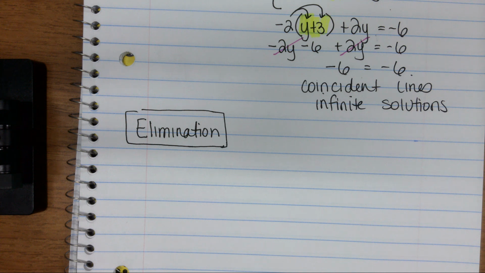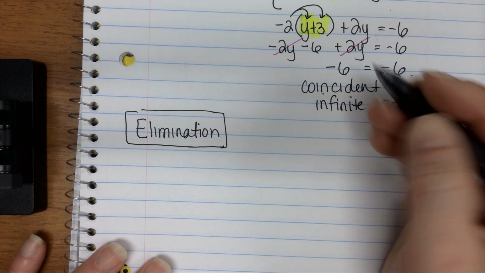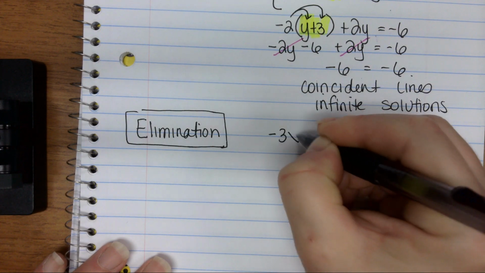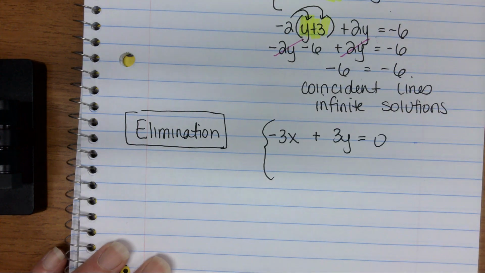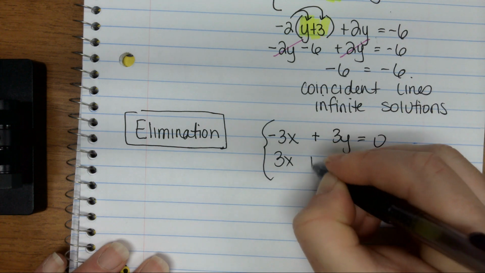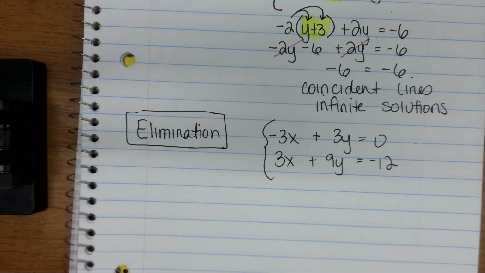Sometimes they're already opposite, so I'm going to give you an example of that. Let's say I had negative 3x plus 3y equals 0, and 3x plus 9y equals negative 12.